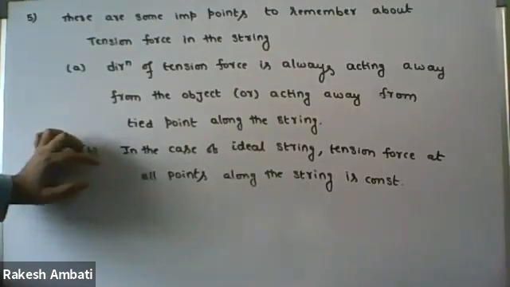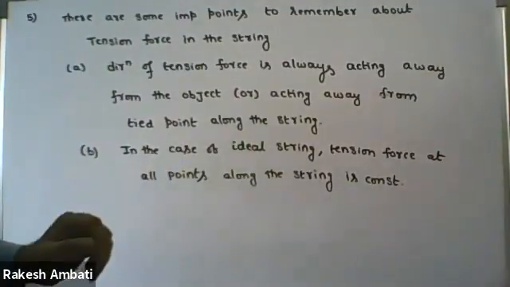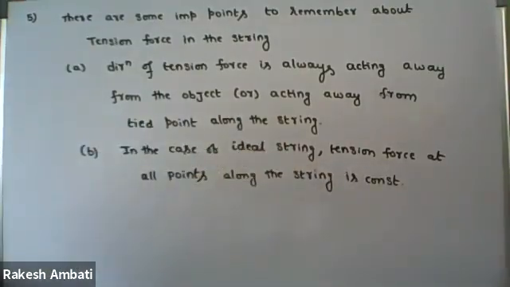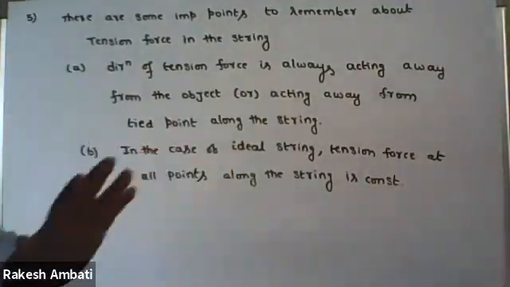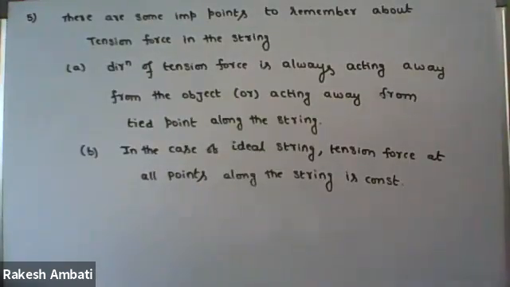Now the second one: in the case of an ideal string, meaning a massless string, tension force is the same at all points. For example, if the string is not ideal and has some mass, will the tension force at all points be the same or different?